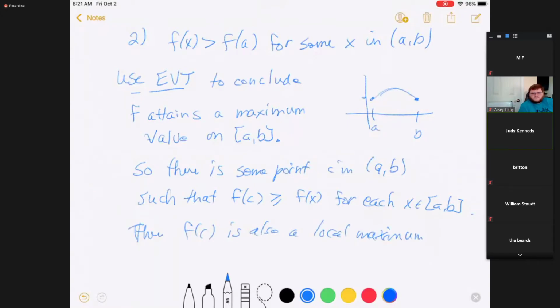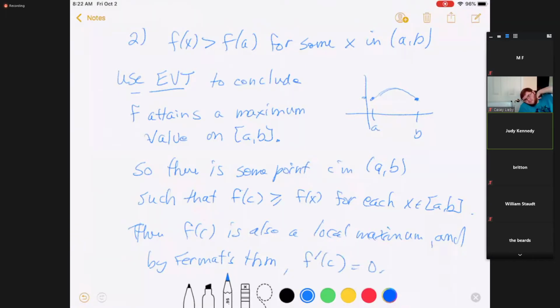And by Fermat's theorem, okay, and what did Fermat's theorem say? It said that if you have a local maximum or minimum at a number C and f prime exists, then f prime of C is equal to 0. Well, f prime of C exists by our assumption. It's a local maximum, so f prime of C has to be equal to 0.